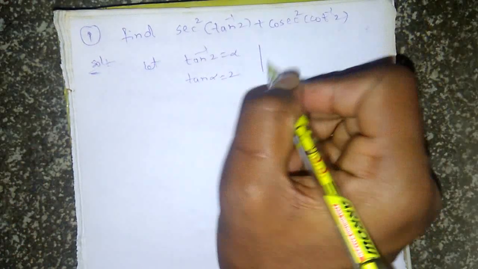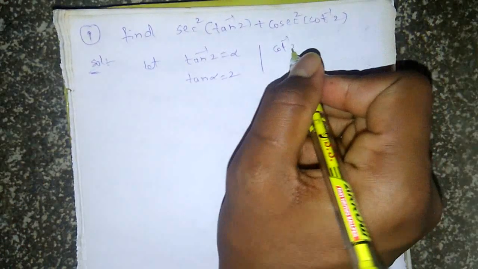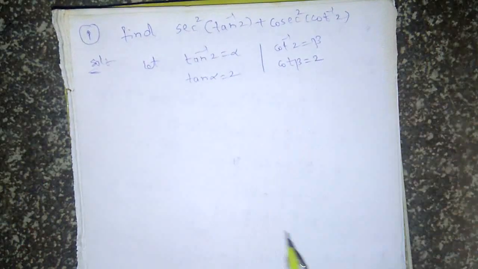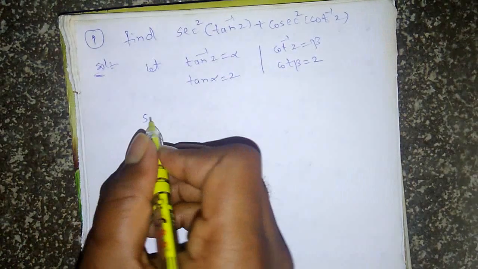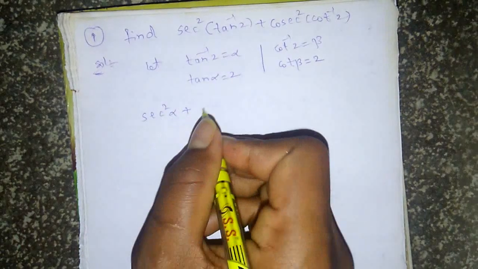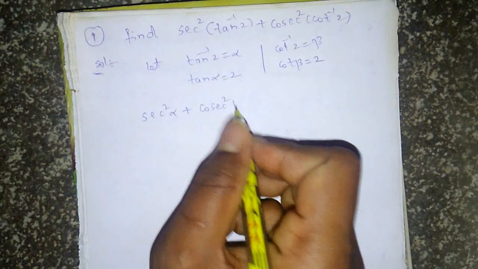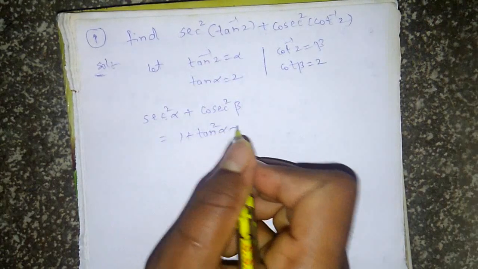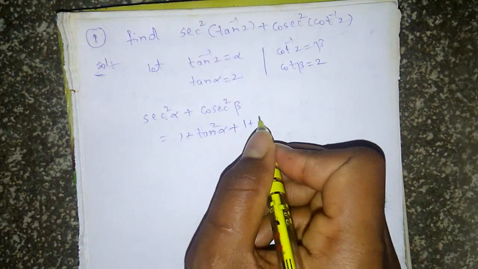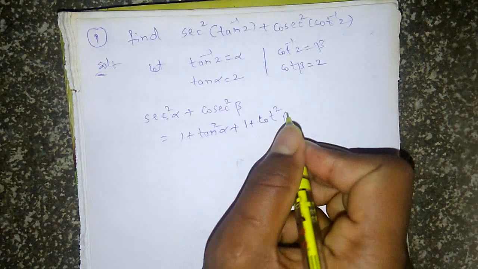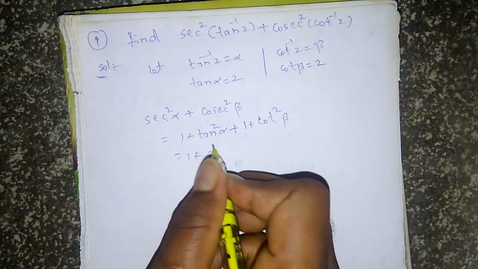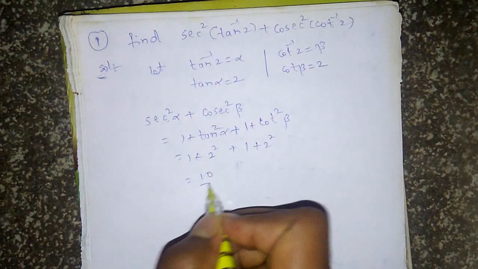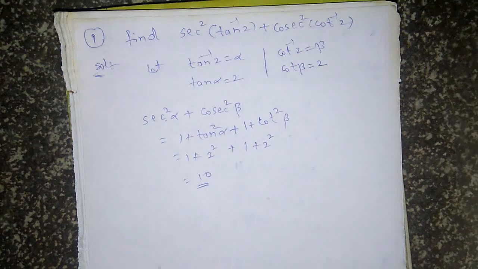Now let us take cot inverse 2 is equal to beta, cot beta is equal to 2. Now we need to find the value of secant square alpha plus cosecant square beta. Now secant square alpha can be written as 1 plus tan square alpha, cosec square beta can be written as 1 plus cot square beta. This is 1 plus 2 square plus 1 plus 2 square. This is 5 plus 5, that is equal to 10.